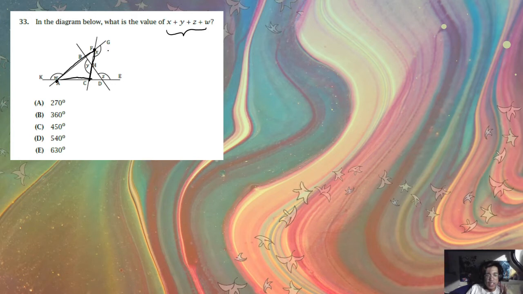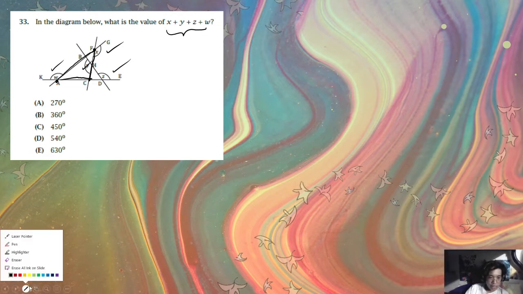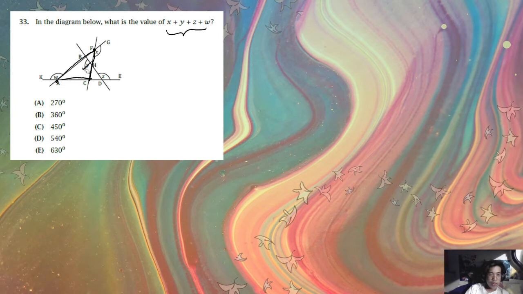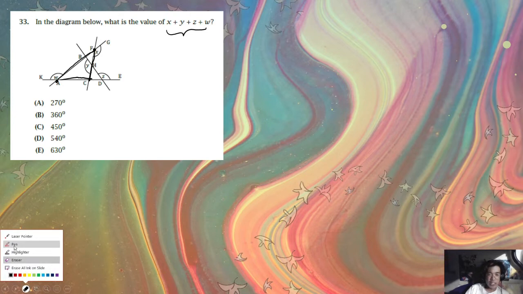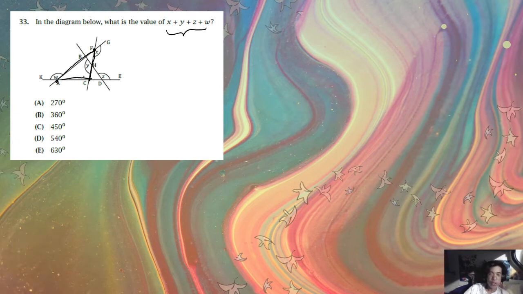This triangle is somehow interconnected with the four angles that we have here: angle x, angle y, angle z, and angle w. So how are they interconnected? Let's try to erase the check marks. Since it's the biggest triangle here, it most likely would have the closest connections between the four angles. Let's try to take advantage of those connections.